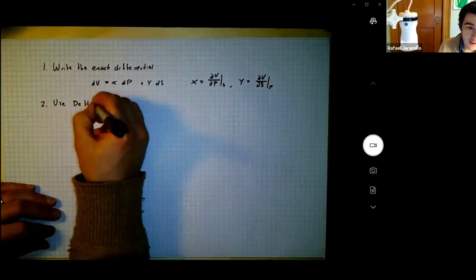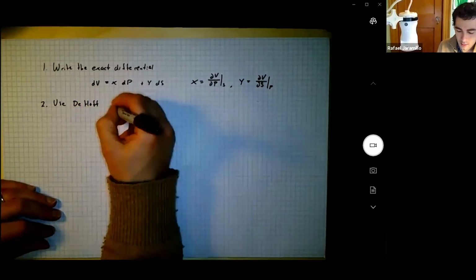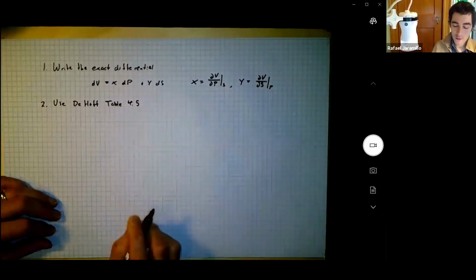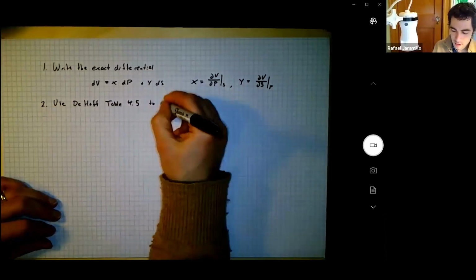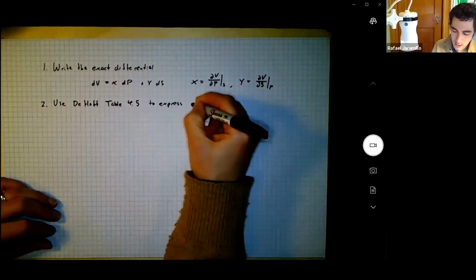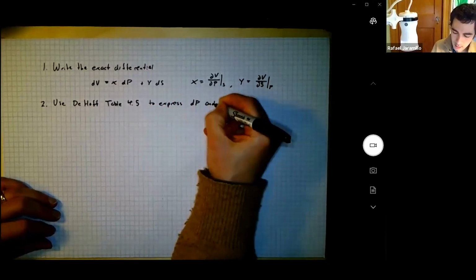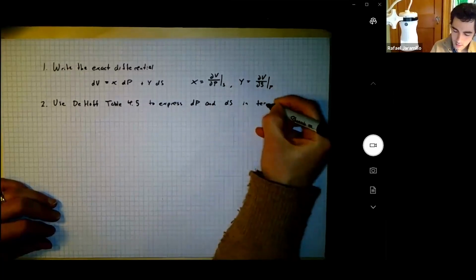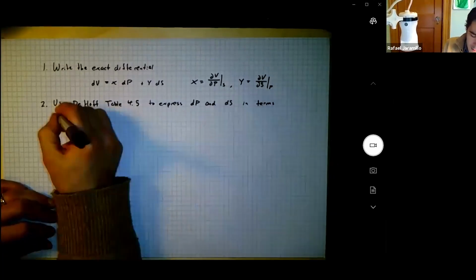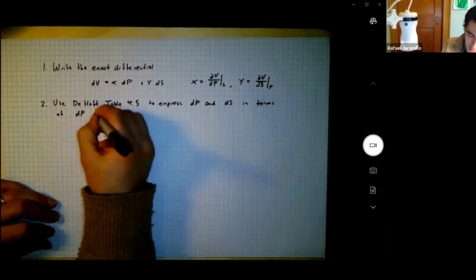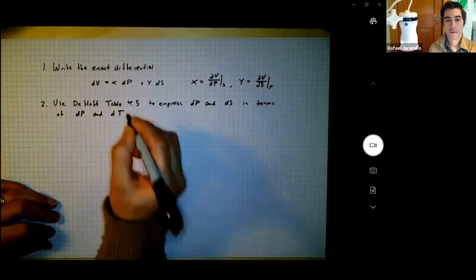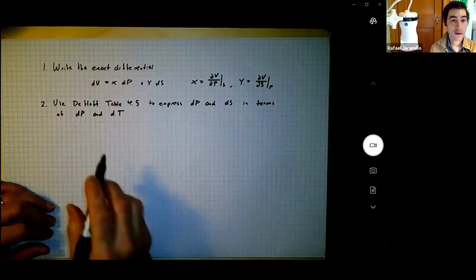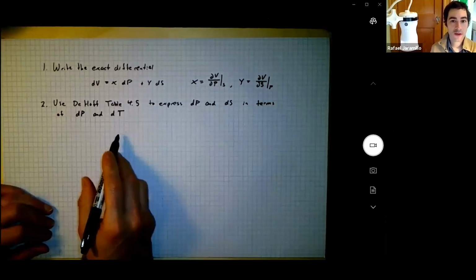And then we're going to do a change of variables. There's a really useful reference, DeHoff table 4.5, to express dP and dS in terms of dP and dT. DeHoff chooses P and T because it's a material science text. Another text might have chosen a different two.